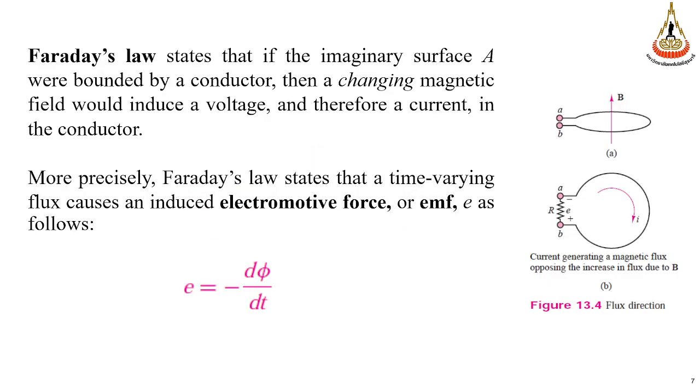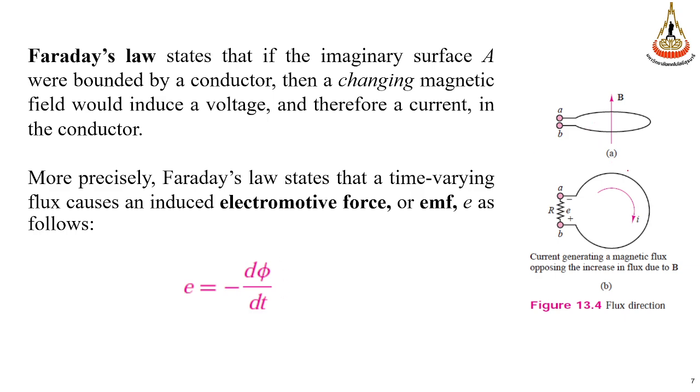And then if we talk about Faraday's law, Faraday's law states that if the imaginary surface A is bounded by a conductor, then a changing magnetic field would induce a voltage. So E is d phi by dt.